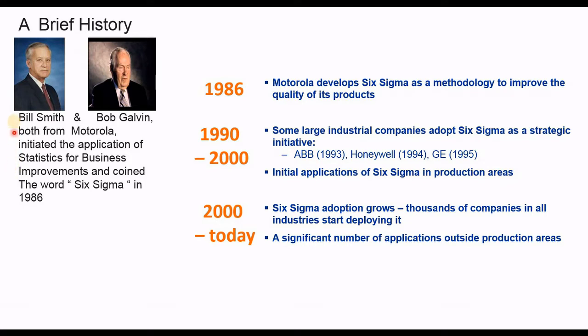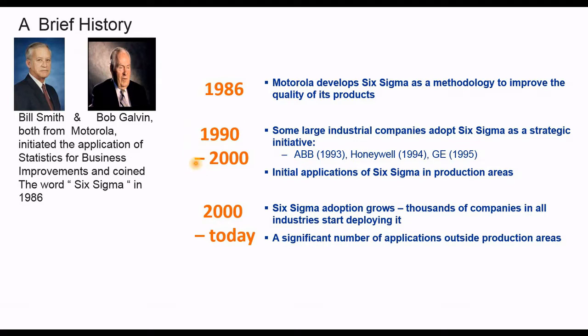And Bill Smith was the guy who coined the word Six Sigma way back in 1986. From 1986, Motorola developed Six Sigma as a methodology to improve the quality of its products.